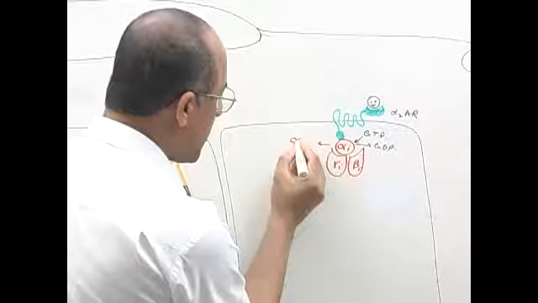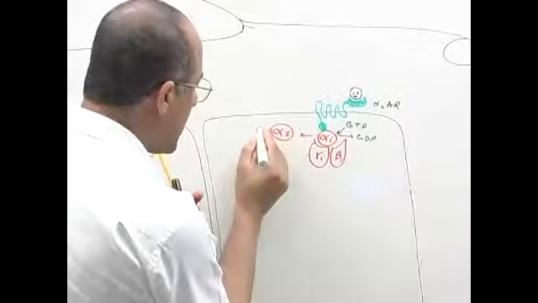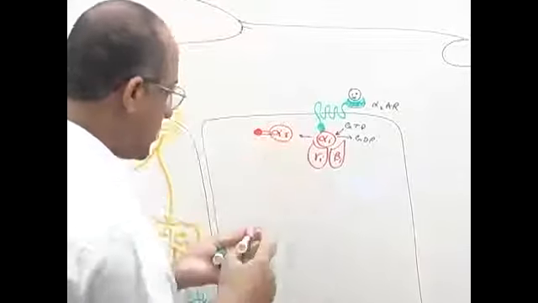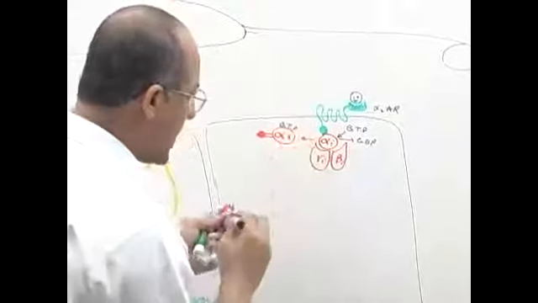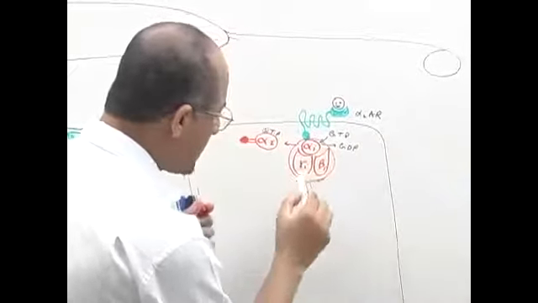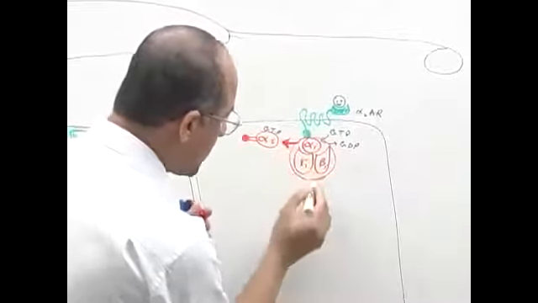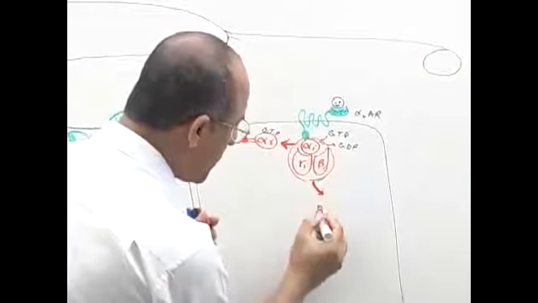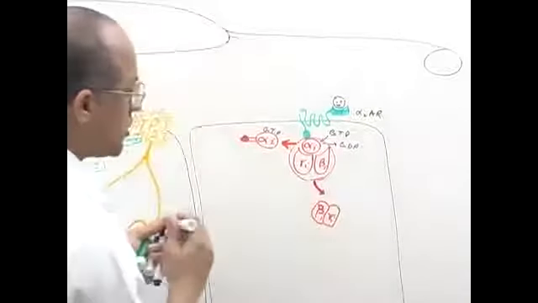Alpha inhibitory, which is energized, is now activated, because it is loaded with GTP. And of course, when alpha inhibitory dissociates from beta and gamma, in the same way the beta gamma units will also be separated, beta gamma inhibitory units.